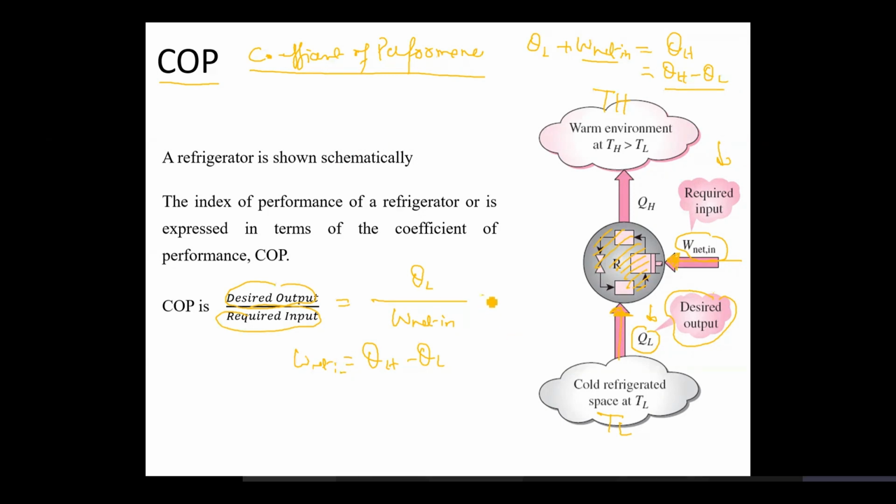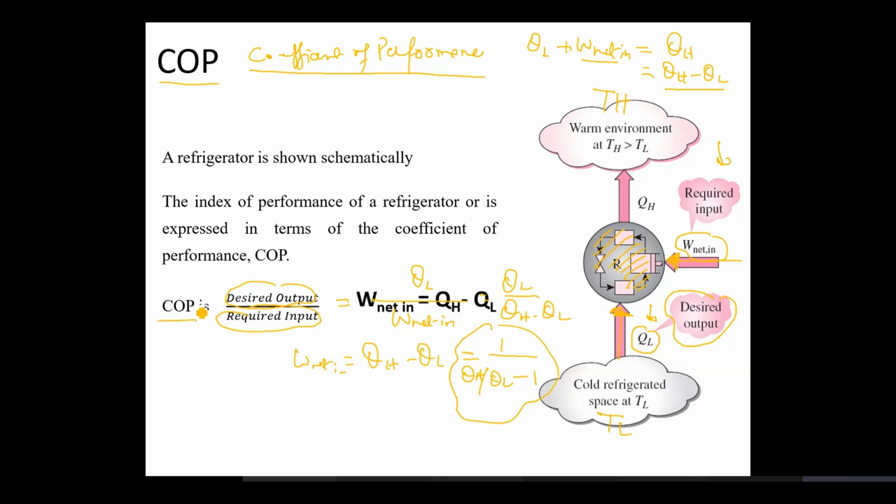Yes, sir. So you'll essentially have QL over QH minus QL as the coefficient of performance. And if you divide everything by QL, you would essentially have 1 over QH divided by QL minus 1. This is the coefficient of performance for the refrigerator.